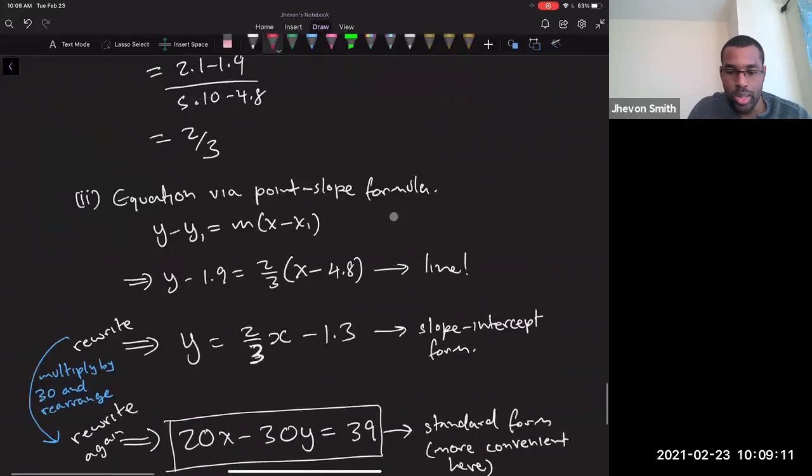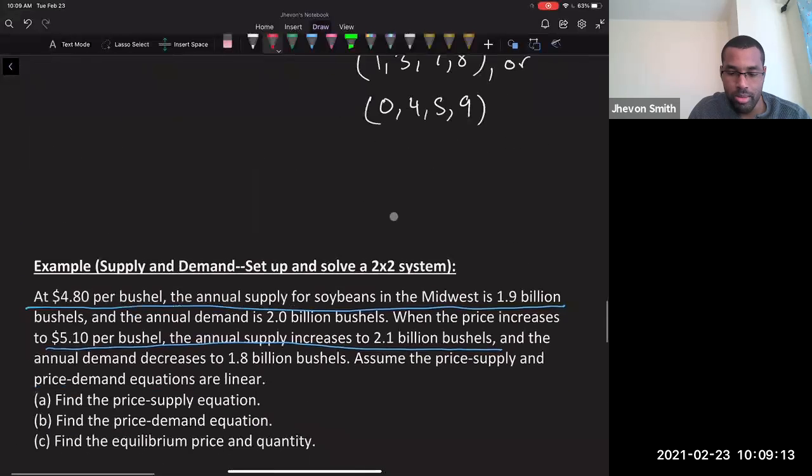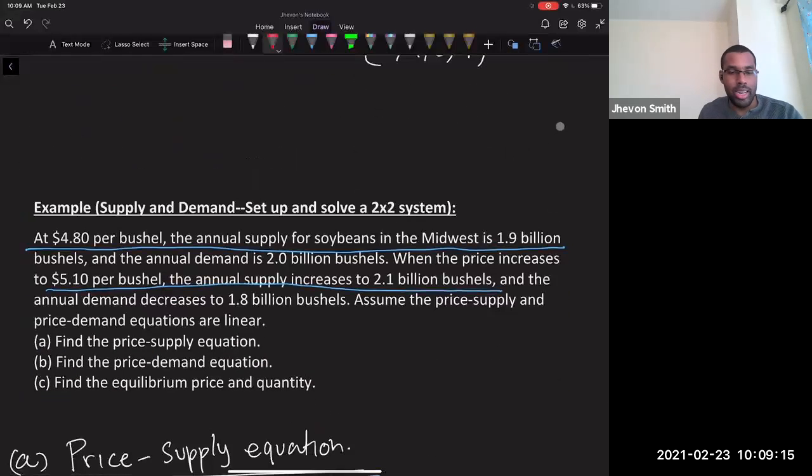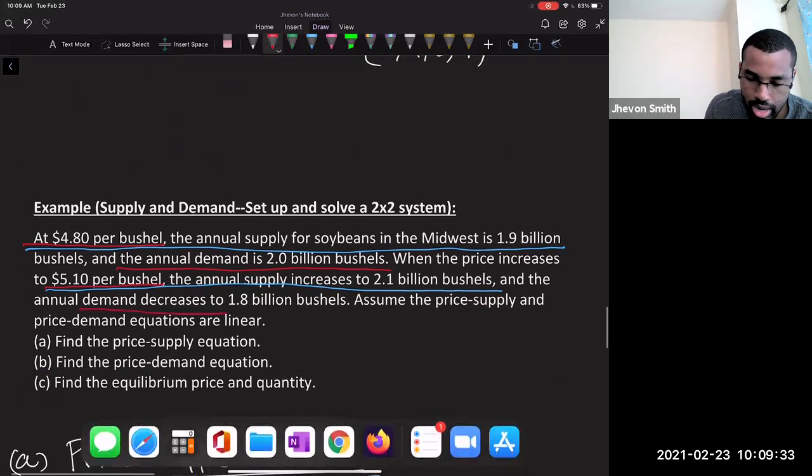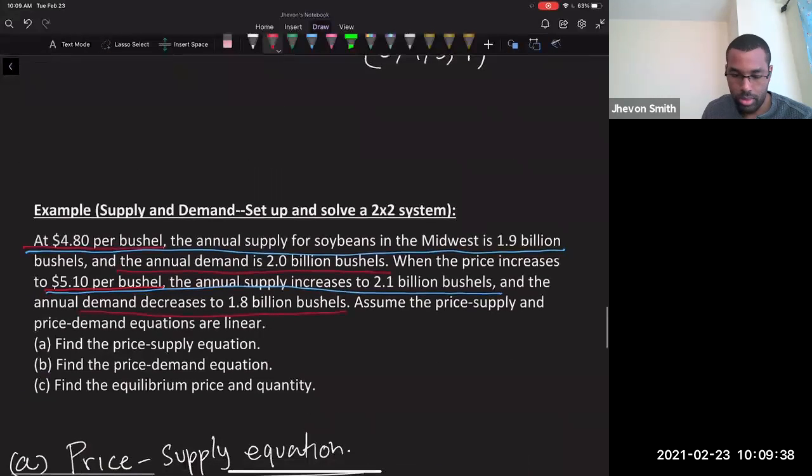I'm not going to create a table here because the sentences weren't that long, so that's kind of overkill, but I do want to make sure that I'm looking at the right thing. So I know at 480, now I care about the demand. So that's 2 billion. And at 510, the demand becomes this.